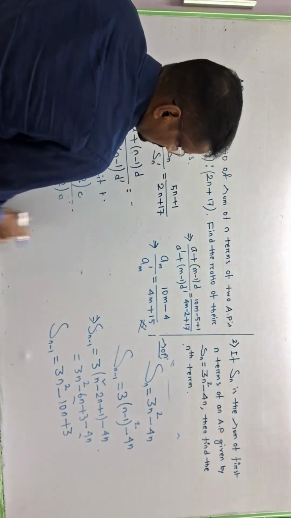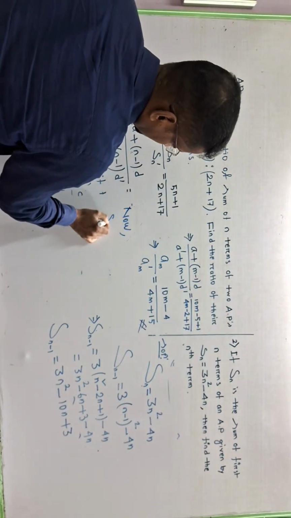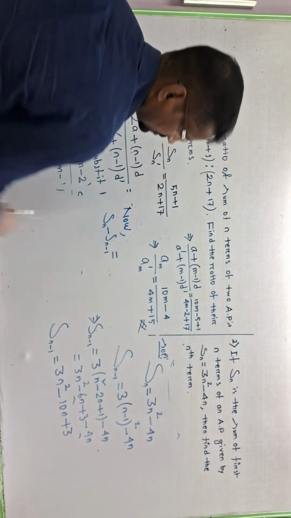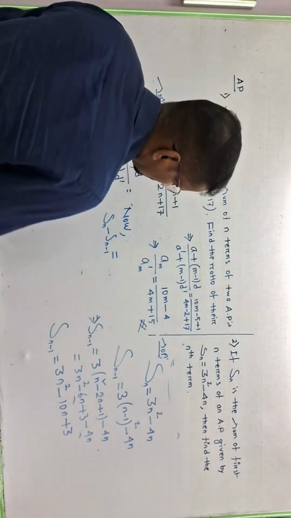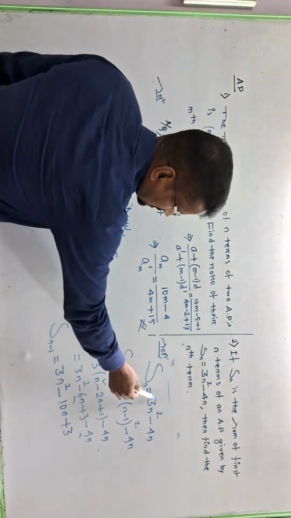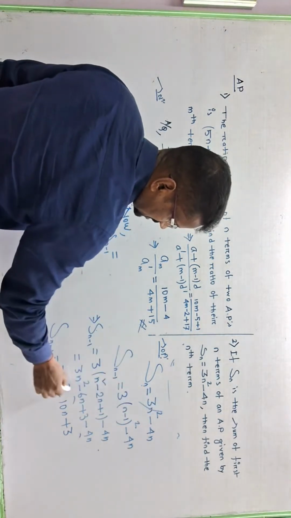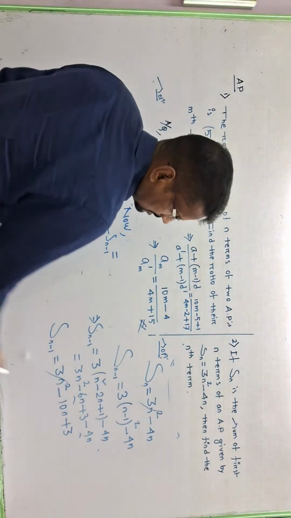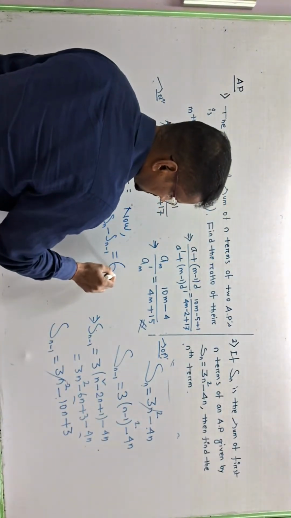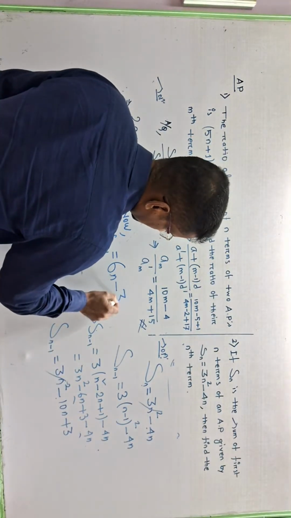Sn minus Sn minus 1 equal to, directly you can subtract: 3n square minus 3n square cancels out. Minus 4n plus 10n will be 6n, and then minus 3.